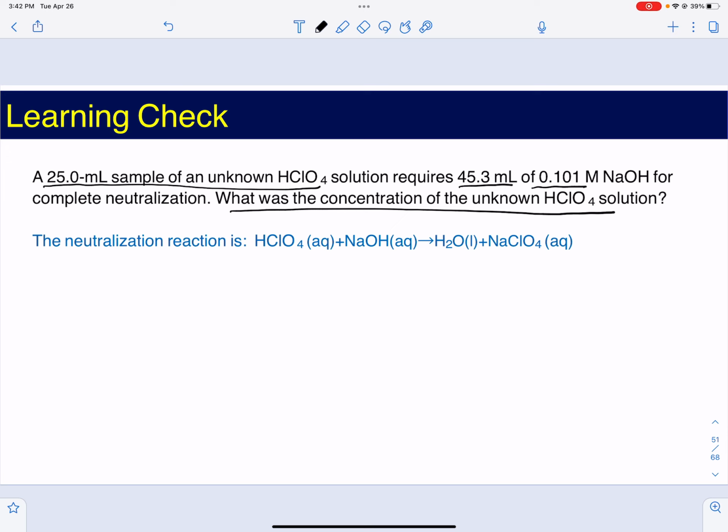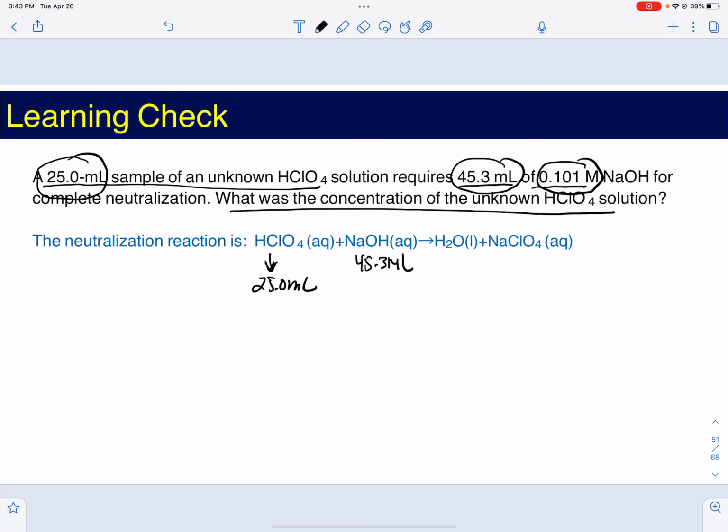Well, what's given? Let's translate everything into the equation first. 25 milliliters of what? Of perchloric acid. So I have 25.0 milliliters. I need 45.3 milliliters of NaOH.